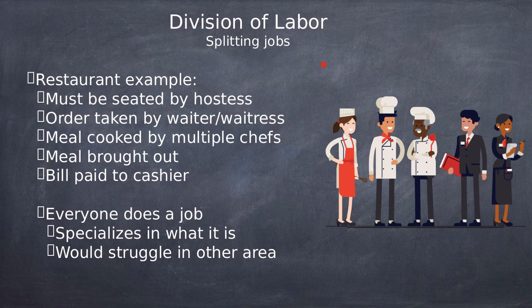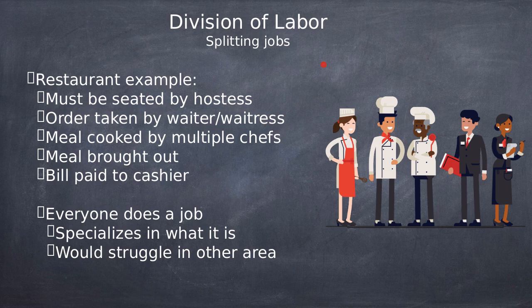The waitress and waiter, they specialize in taking your order. Your chef is not going to be seating the diners, the people coming in. The chef's going to be cooking the food. The meal is brought out by the waiter and waitress, and the bill paid to the cashier. So those are all specialized jobs, and that's how a business splits up one big task into multiple little ones, and it makes it so much easier.